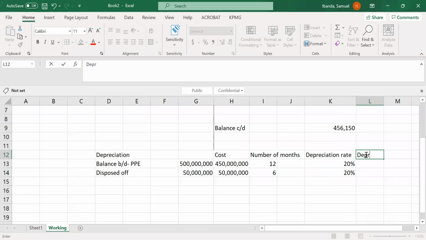So my depreciation is going to be, for the 450, I'm going to do the full depreciation because it existed for all the 12 months.